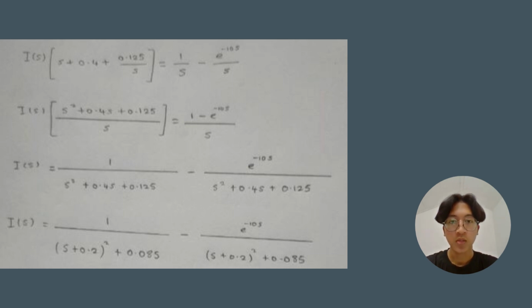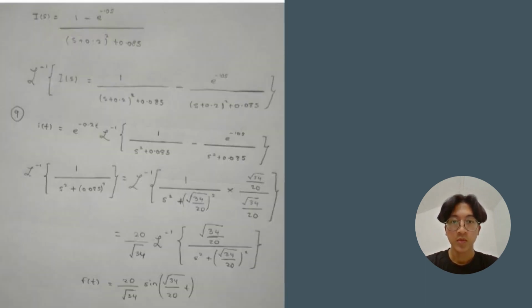So here are the equations for solving that. As you can see, this is the continuation from the previous slide: we apply the Laplace transform, substitute the initial condition I(0) equals 0, and solve for I(s).